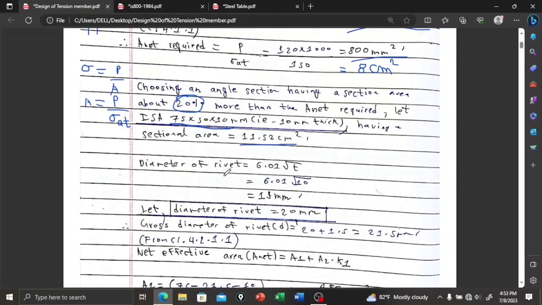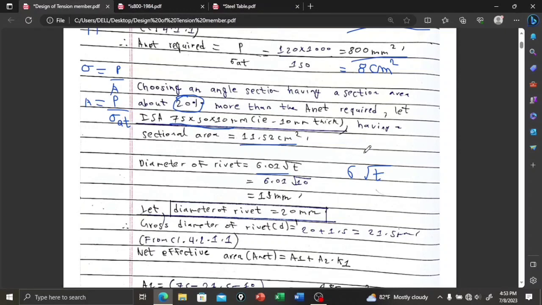Since the diameter is not given in the question, we can use this formula, 6 root t. In some books there is 6.01, in some books 6.05.